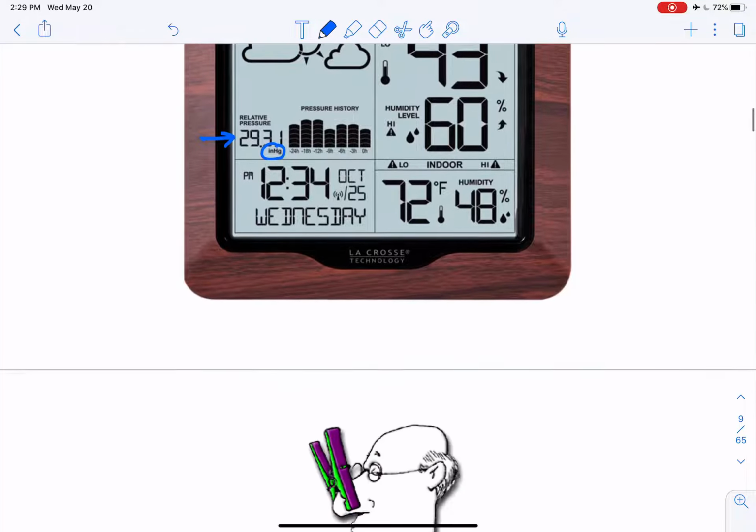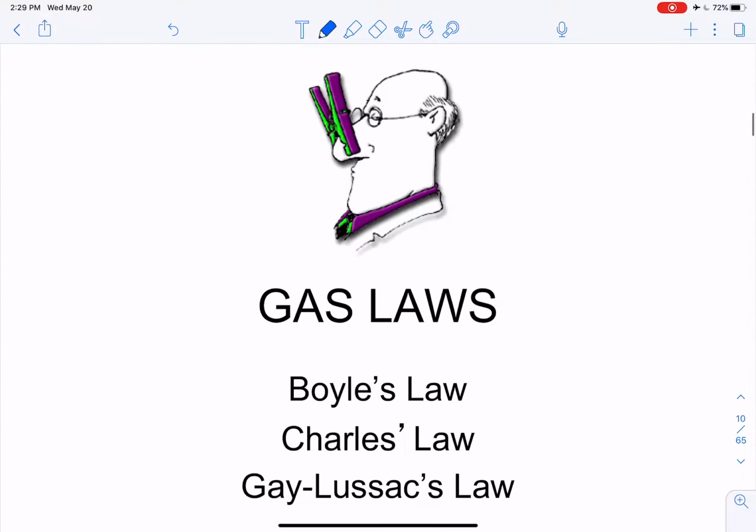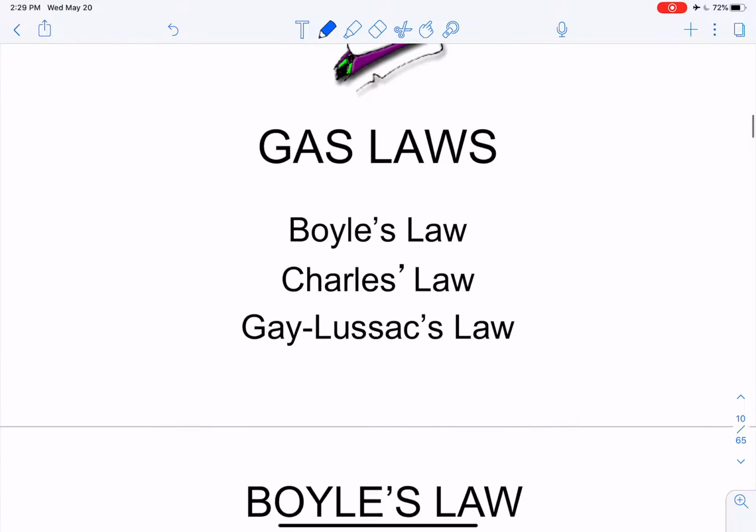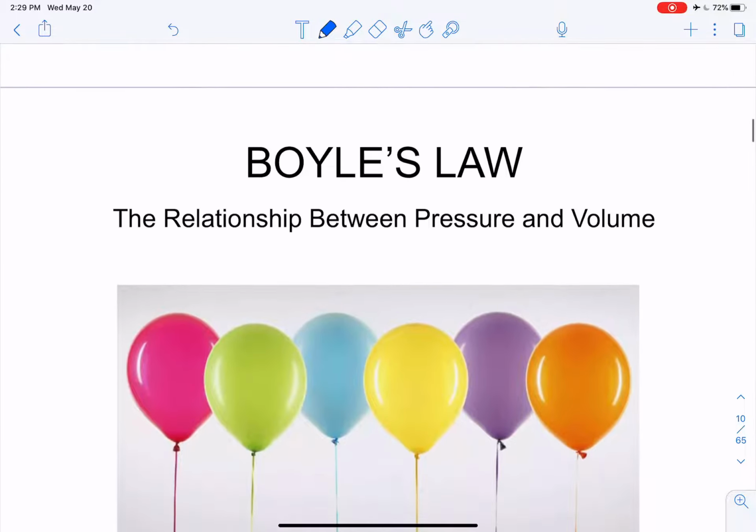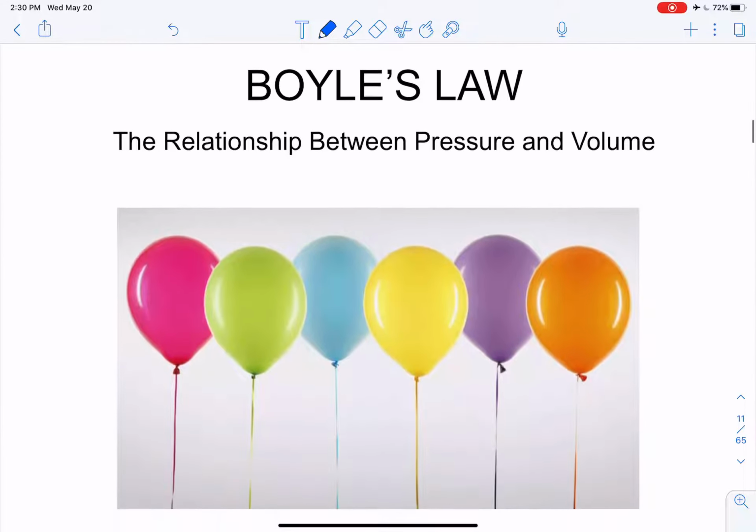Okay, so moving on to some gas laws. So we have to talk about Boyle's Law, Charles's Law, and Gay-Lussac's Law. This means math is coming. Oh no! All right, so our first gas law is Boyle's Law.